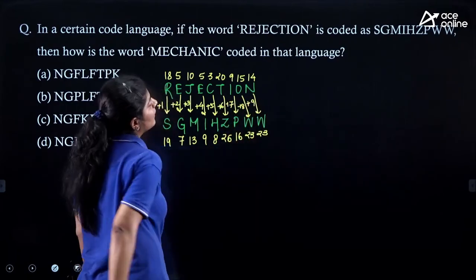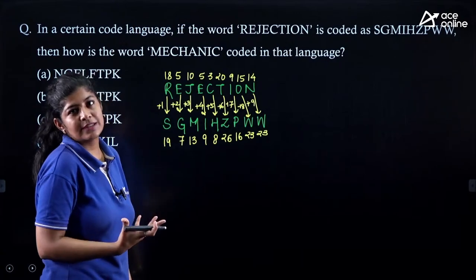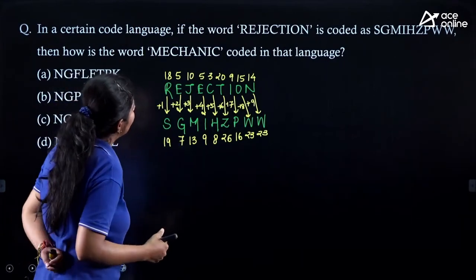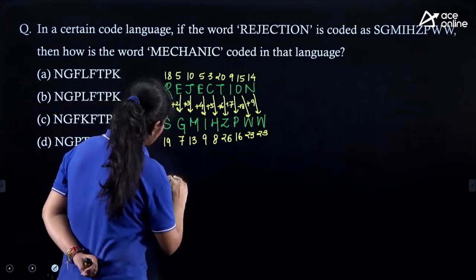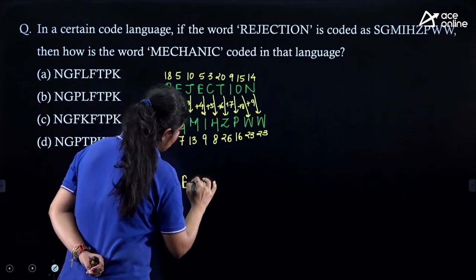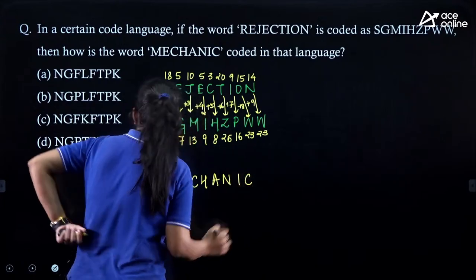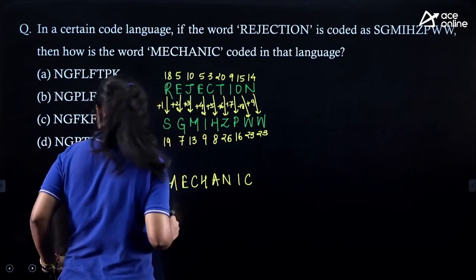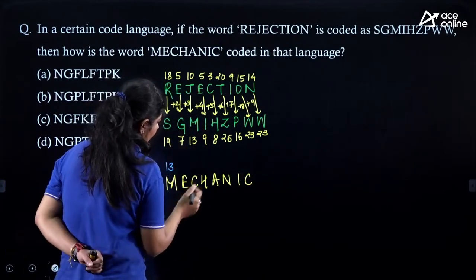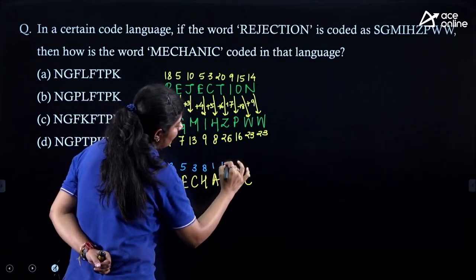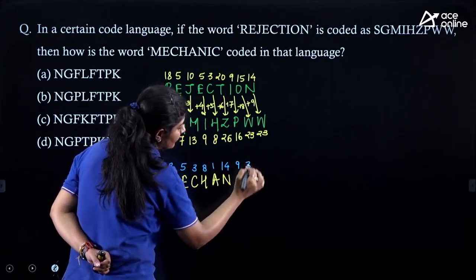So basically we just simply need to increase the number by 1 and we keep on adding the difference, right. The next word that we are having is mechanic. The associated numbers are 13, 5, 3, 8, 1, 14, 9 and 3, right.